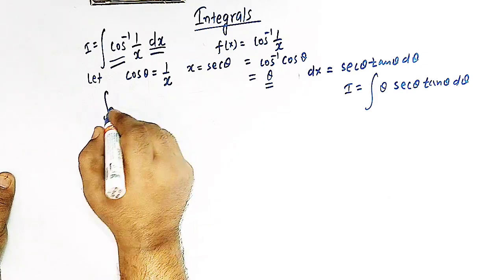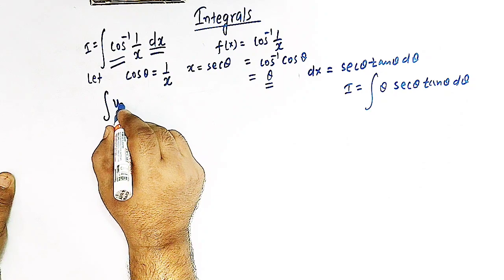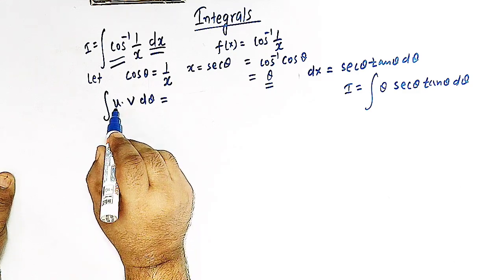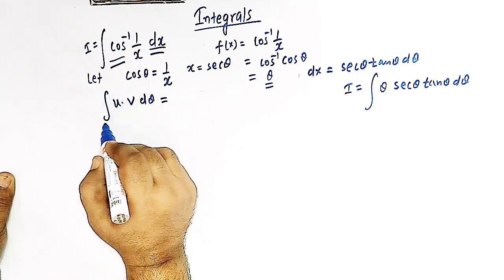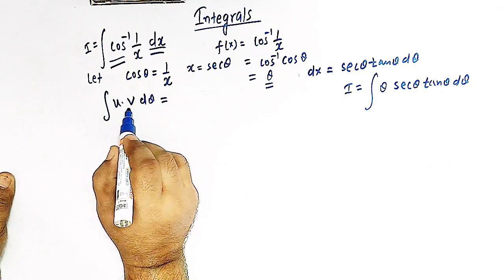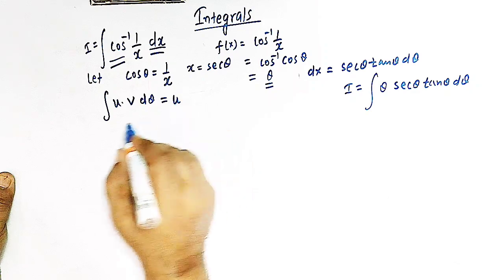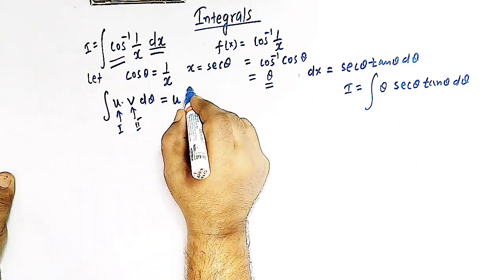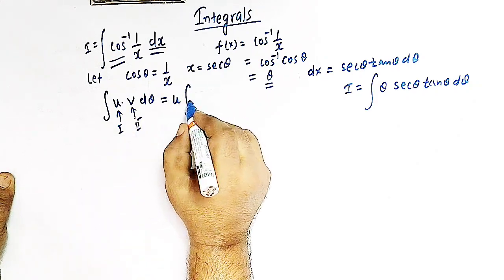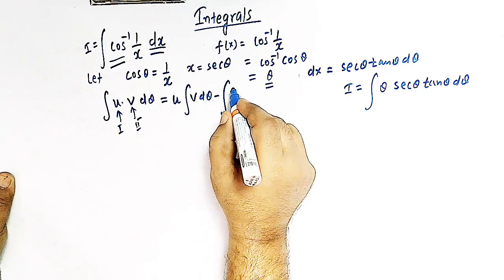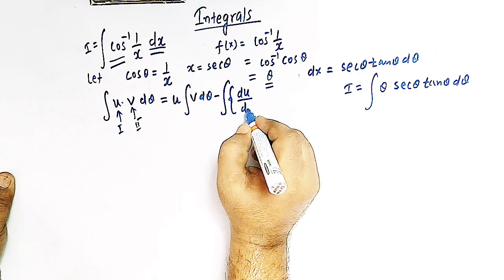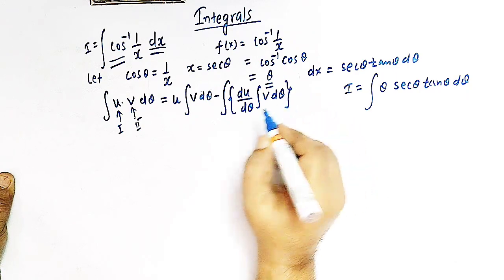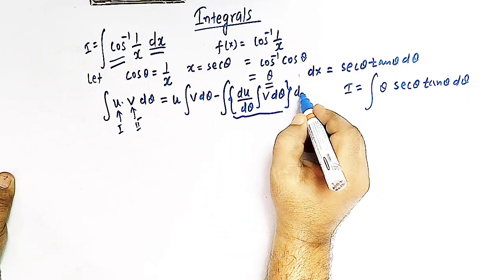Suppose u and v are functions of theta, then the integral of the product of the functions u and v d theta is given by u, taking u as the first function and v as the second function, multiplied by the integral of v, minus the integral of the derivative of u with respect to theta times the integral of v d theta, and this entire term is integrated with respect to theta.